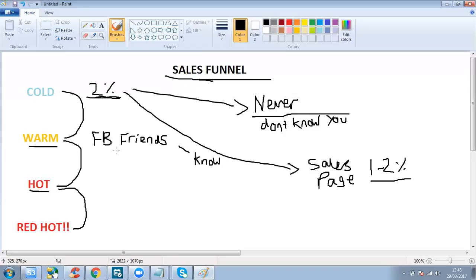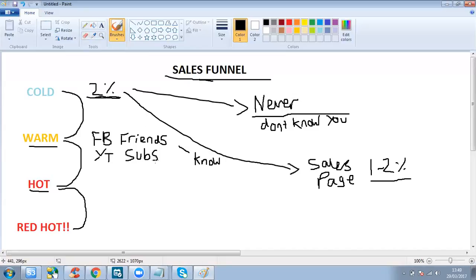prospects. Another one is YouTube subscribers. Your YouTube subscribers are also going to be warm traffic. The reason they're warm is because they're following you, but they may not be ready to buy your product yet. They might just be following your channel, following what you're doing, getting to know you a bit more. But they're not hot buyers.